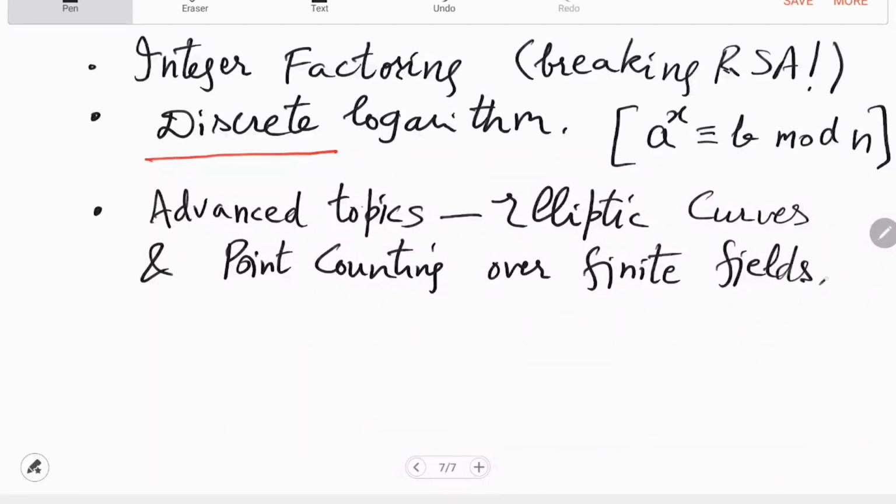Some of the practical crypto systems are actually based on elliptic curves and point counting, or even hyperelliptic curves. In some respects they are better, in some respects they are equal to RSA. But this machinery is far more advanced, so this needs a separate course in itself. But if somebody has interest in this machinery, then they can give short talks. So I'll put some references.